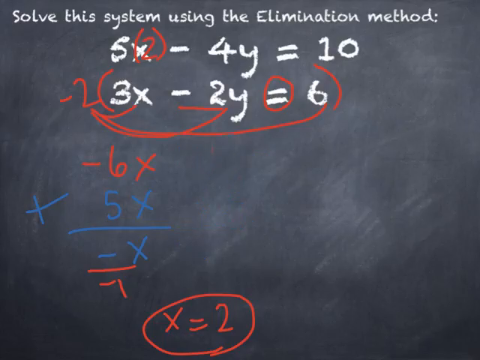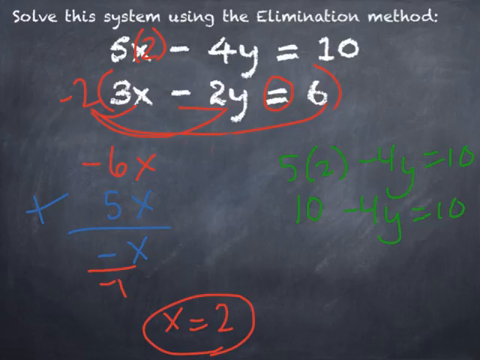Okay, so rewriting that now, I'm going to do 5 times 2 minus 4y equals 10. There wasn't really any reason that I chose the first equation, maybe just because it was first. You could do it with the second equation just as well. That's going to give me 10 minus 4y equals 10.